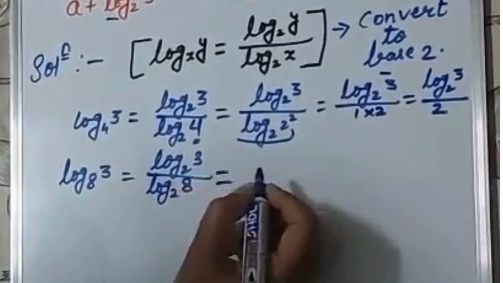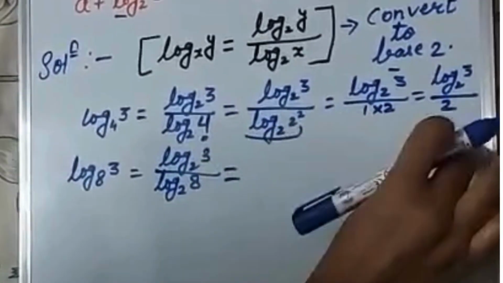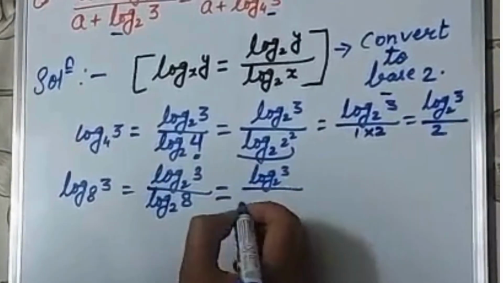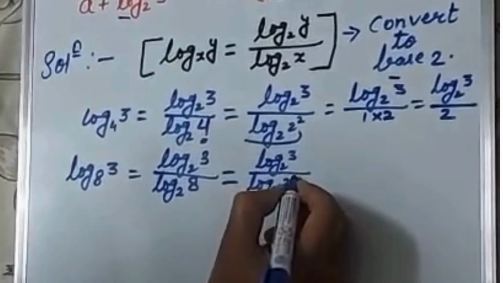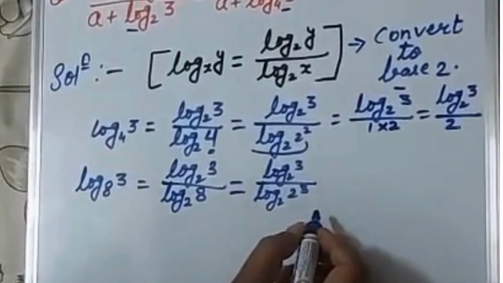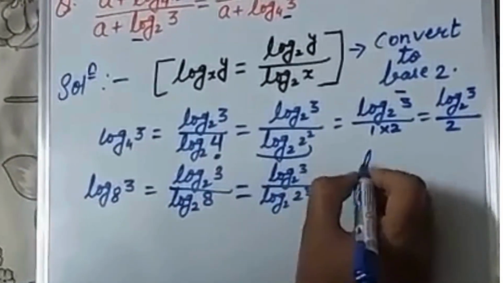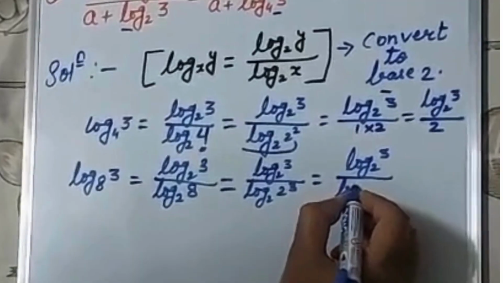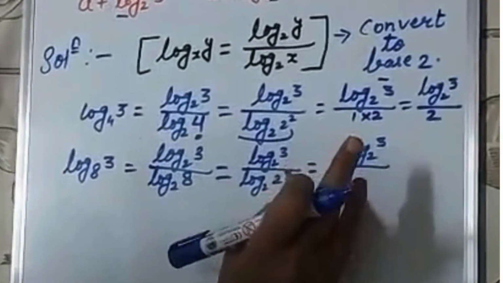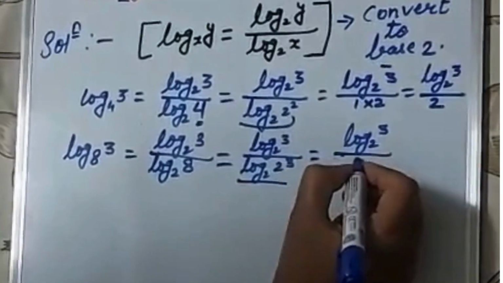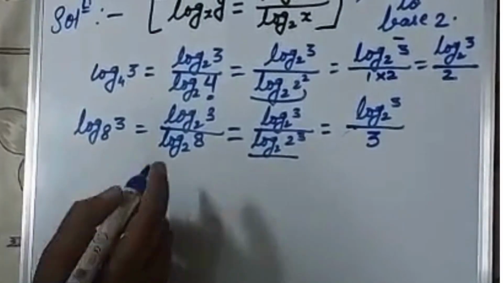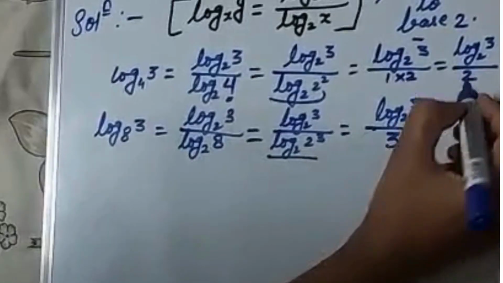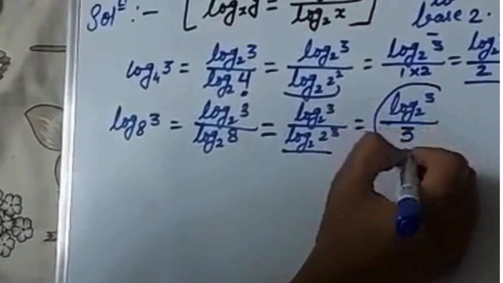In the same way, log base 2 of 3 will be as it is, and this will become log base 2 of 2 to the power 3, because 8 we can write as 2 cubed. Now this term again will become 1, so we will get 3 here. Therefore, these two terms we are getting, one here and another one here.